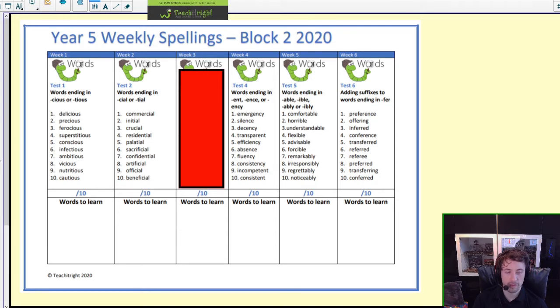So number 5, pregnancy. Number 6, if you're good at spotting things, we would say that you are very observant. Number 6, observant.